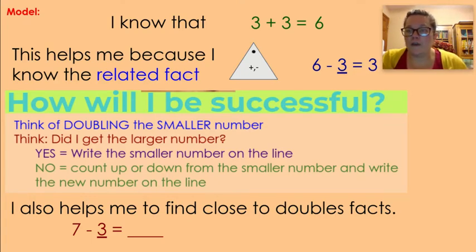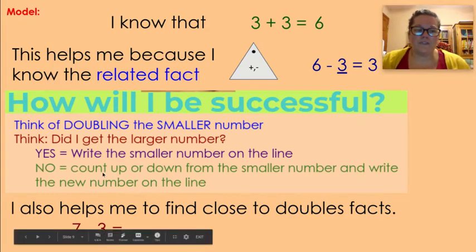So if I double the 3, 3 plus 3 equals 6. Okay, now did that equal the 7? No, that's one more. So I'm going to add 3 to double it plus one more. Okay, so what I had to do was count up one more because this 7 was bigger than the 6.